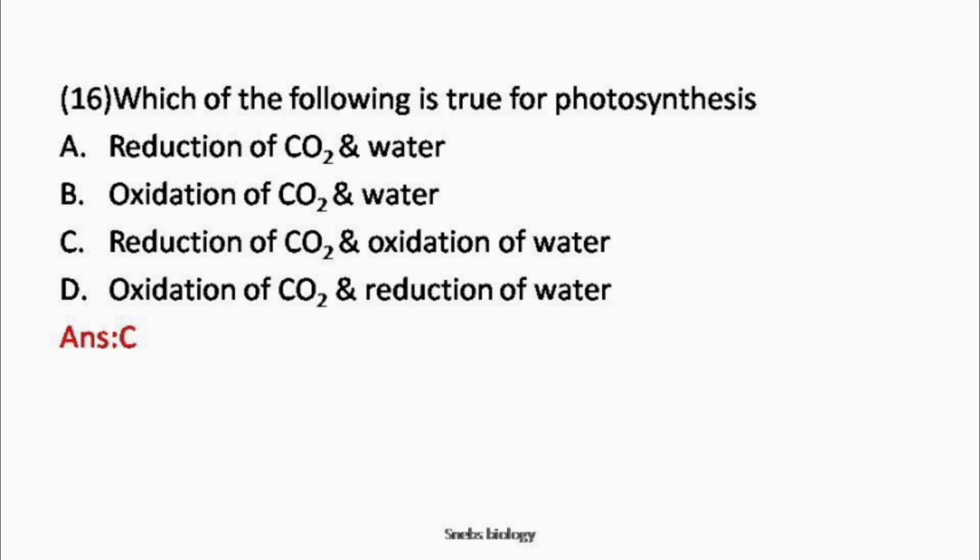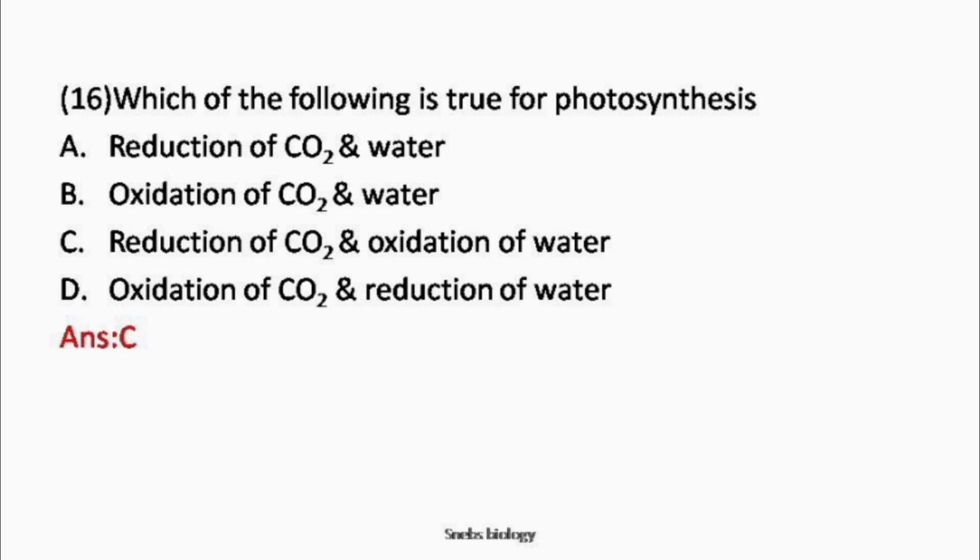So photosynthesis is an anabolic process of manufacturing of organic compounds. It is characterized by reduction of carbon dioxide and oxidation of water. It decreases the concentration of carbon dioxide in atmosphere but increases the concentration of oxygen. So the correct answer is option C.